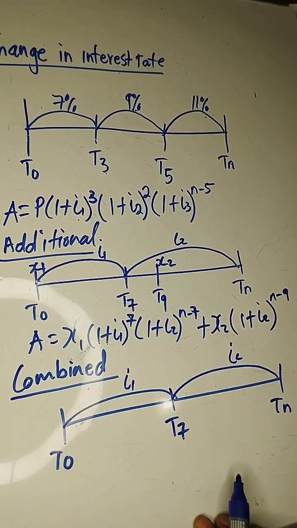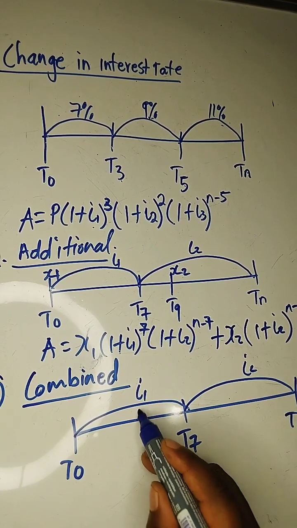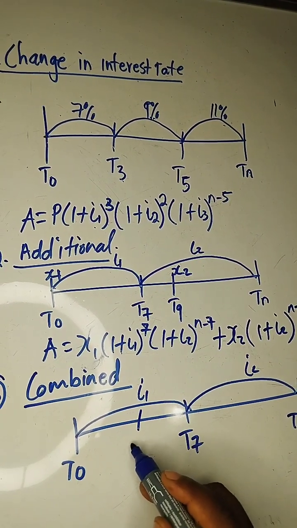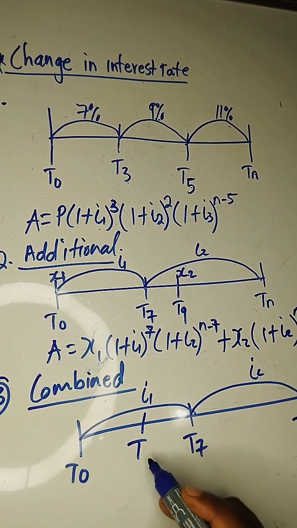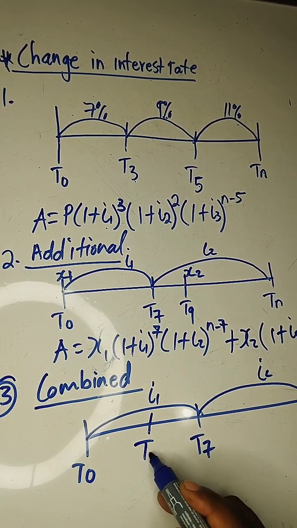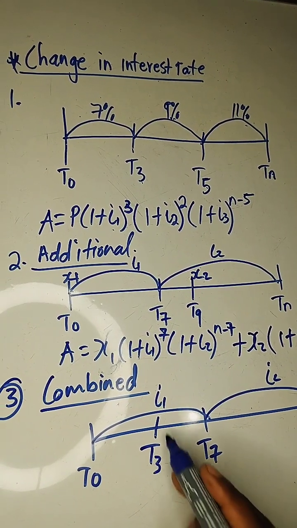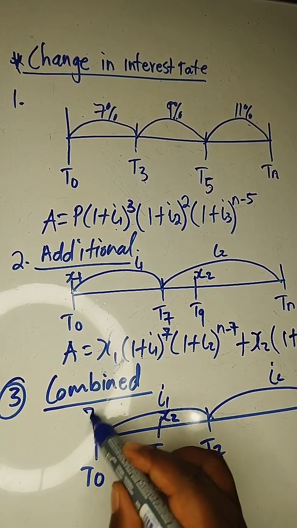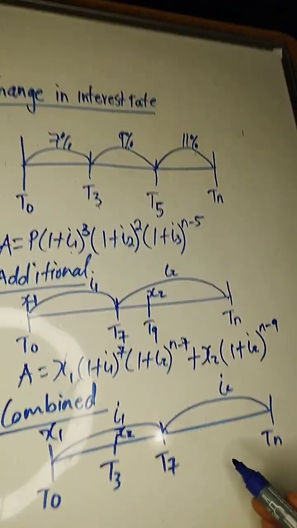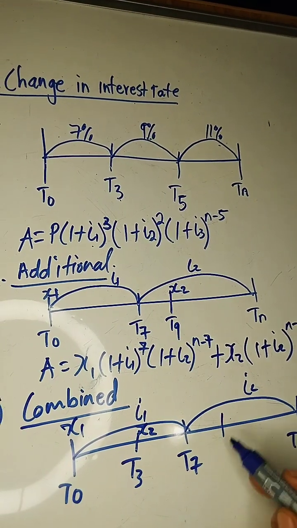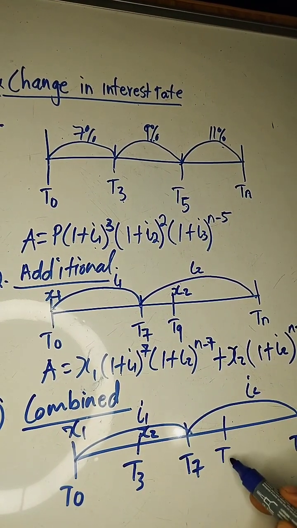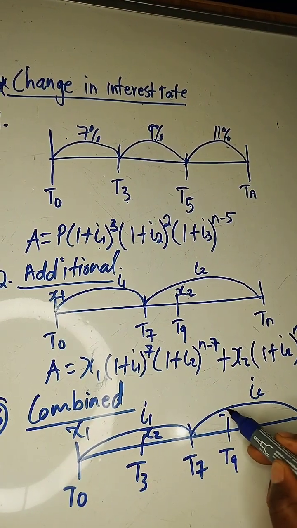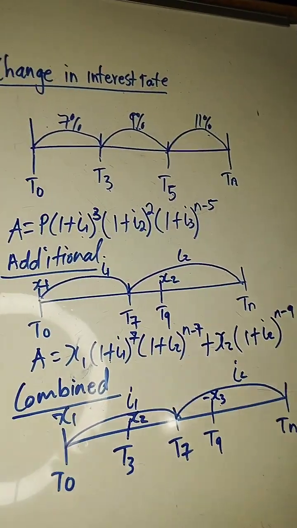Now come with me. They said here there was an additional at T3, X2, then it was X1. Then here there was a withdrawal at T9, a withdrawal of X3.